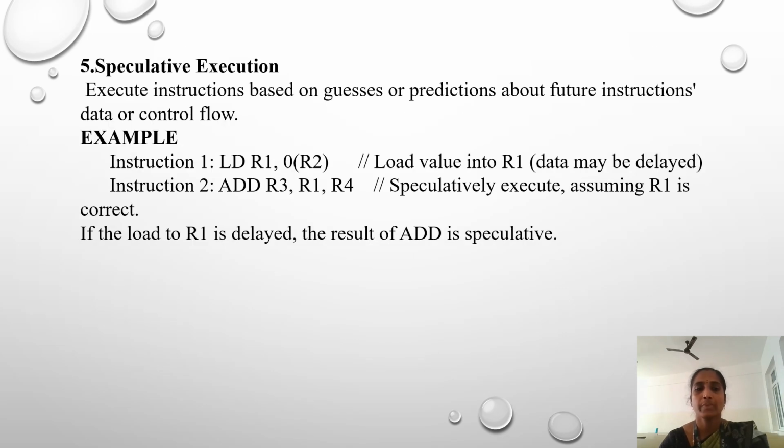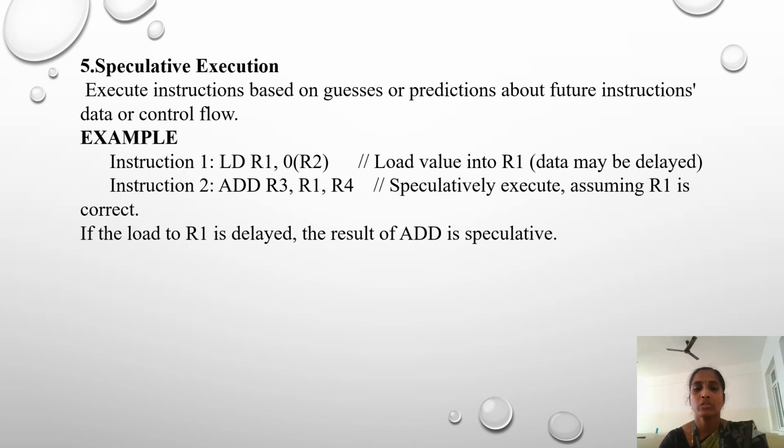The fifth one is speculative execution. Here, we execute instructions based on guesses or predictions about future instructions, data, or control flow. For example, we load a value into R1. In instruction 2, we add R1 and R4 and store the value in the register R3.